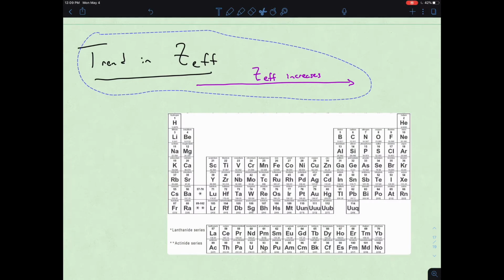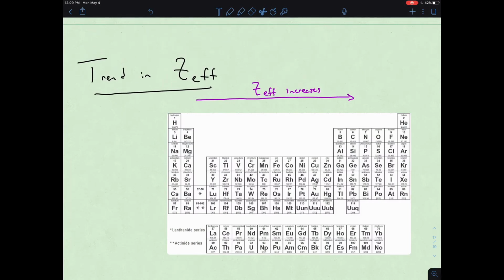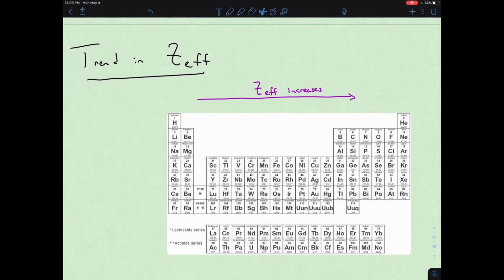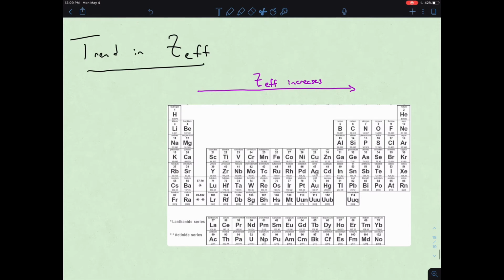And the problem with the vertical relationship is that, if we were to calculate it, we would get the same actual answer. For instance, hydrogen, lithium, sodium, potassium, rubidium. I'm looking at the far left portion of the table. They're all in that group 1A, so when you calculate it, they would all have a Z effective of +1.